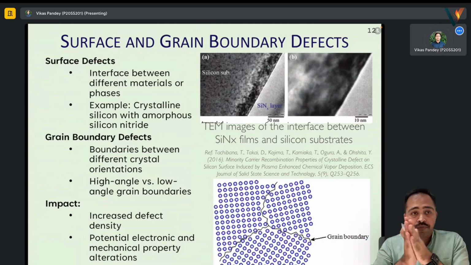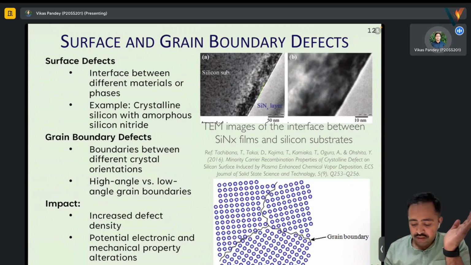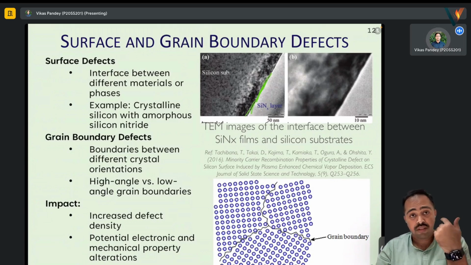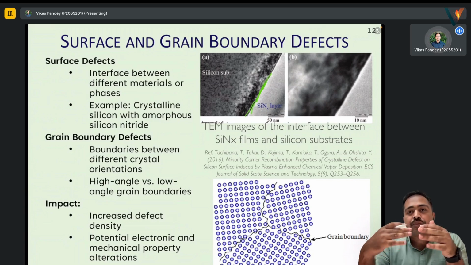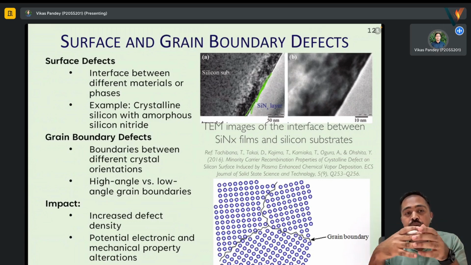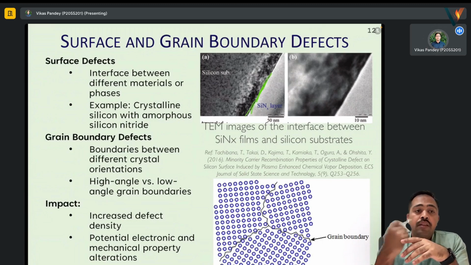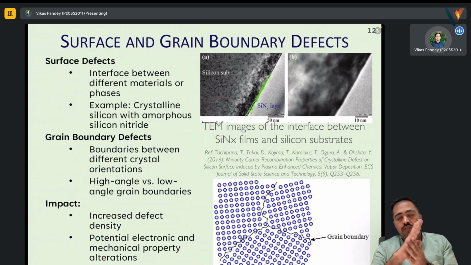So this interface will actually develop some boundary defects because it is not going to be perfectly matching to the crystal below. Okay, so this will occur throughout the surface.